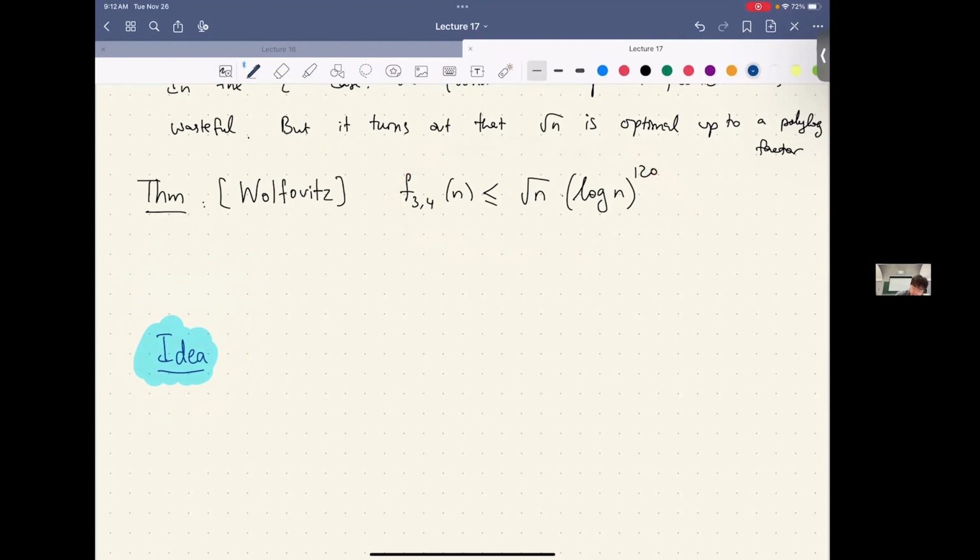Translate this upper bound using the definition of the Erdős–Rogers function.